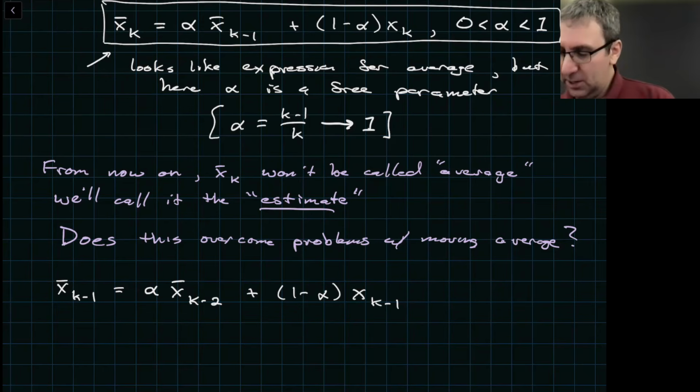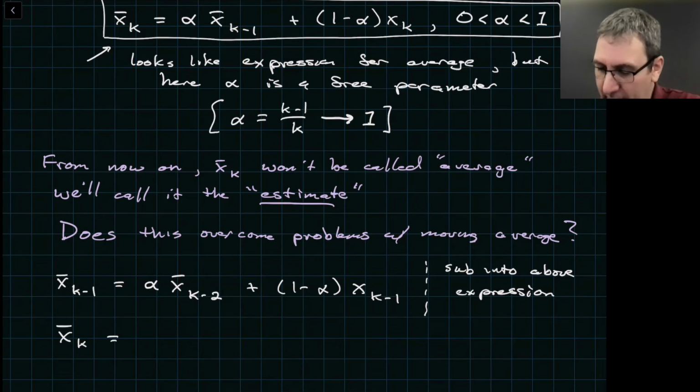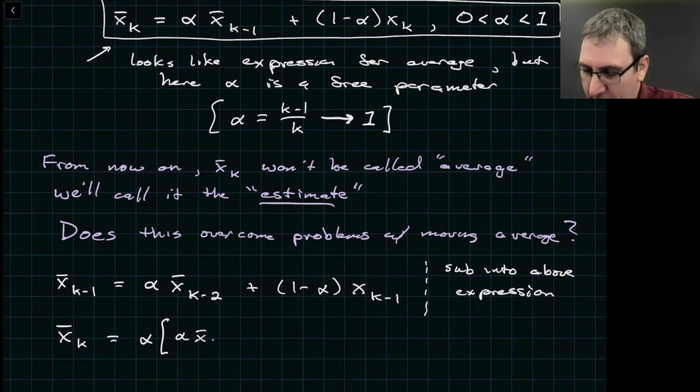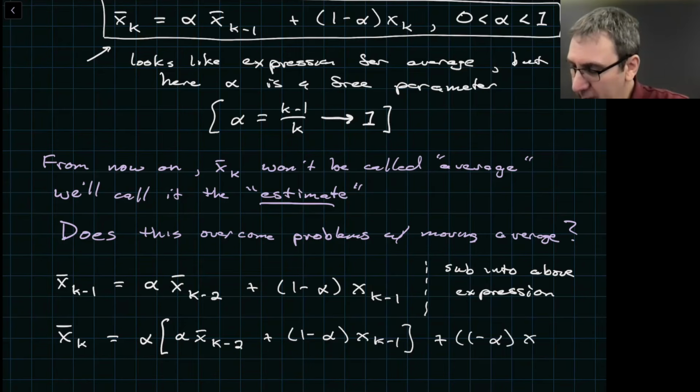Now we'll sub this into the expression up here. X bar K equals alpha X bar K minus 1, but I'll just substitute in this whole thing. Alpha times alpha X bar K minus 2 plus 1 minus alpha X K minus 1, plus 1 minus alpha XK.